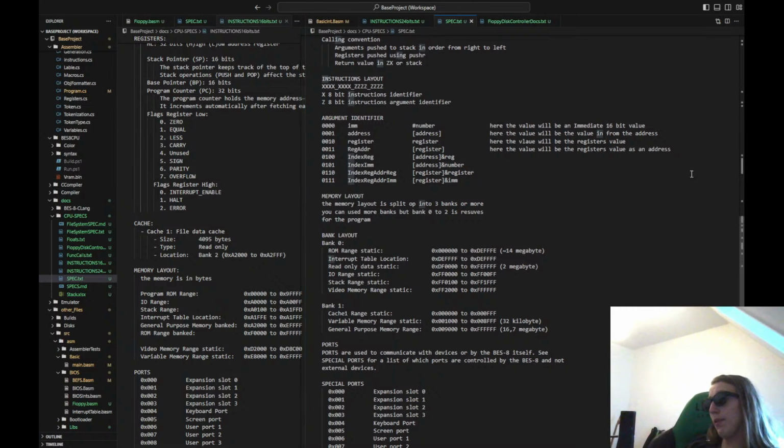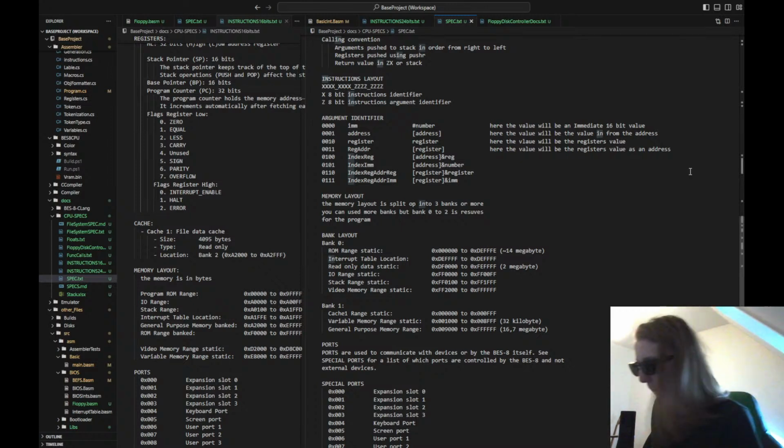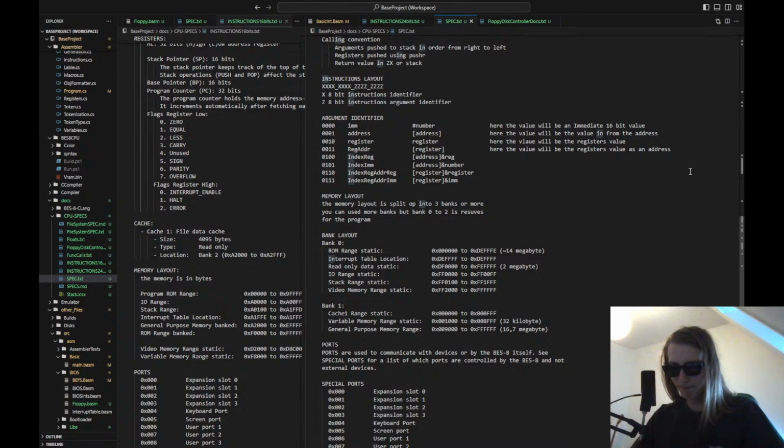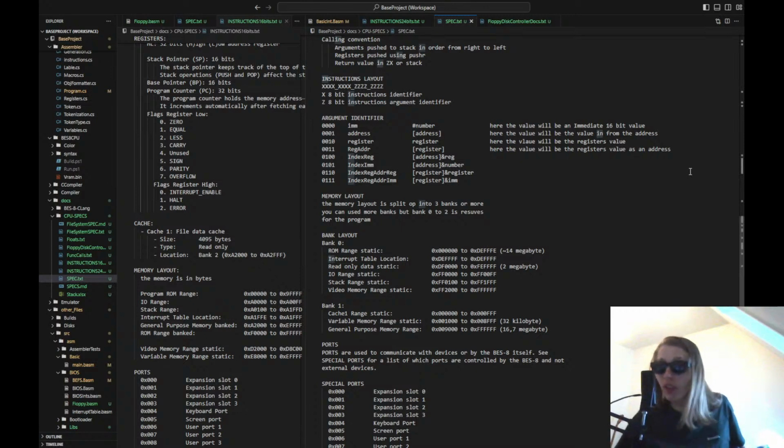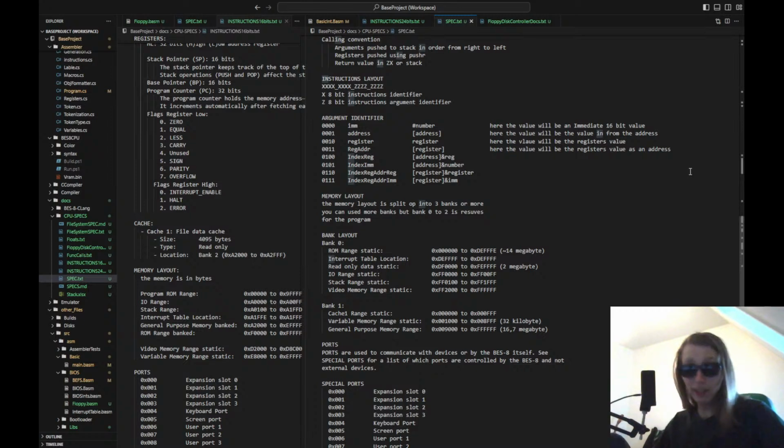Alright, so the thing itself, the instructions themselves will be 2 bytes long.